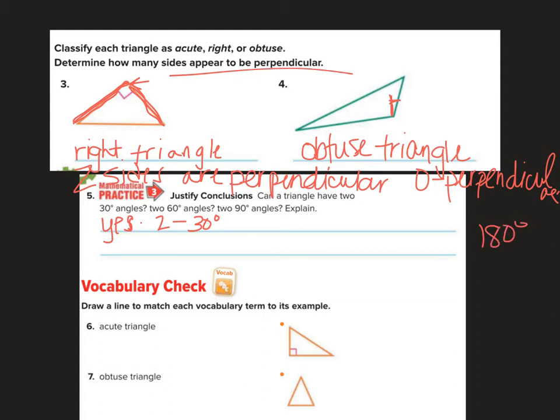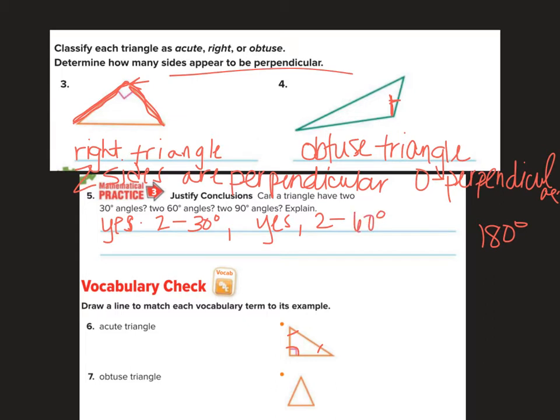Every single triangle, if you cut all the angles off, they add up to 180 degrees. So could 2 be 30 degrees? Yes. Could 2 be 60 degrees? 60 and 60 is 120, that's less than 180, so yes, we can have 2 60-degree angles.